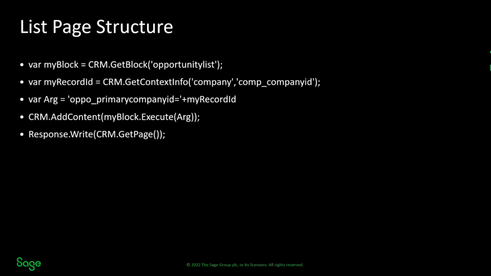But getPage will then, in the context of the response.write, return the entirety of the HTML that the response has to provide. So that's the result of the HTTP request response cycle.